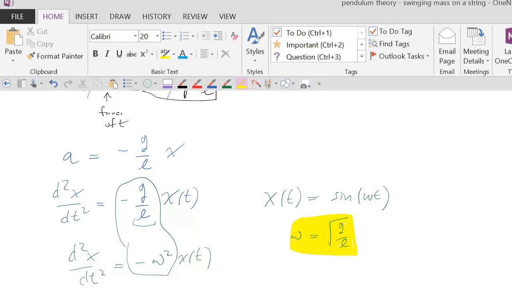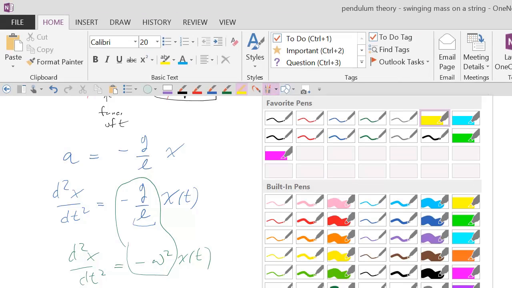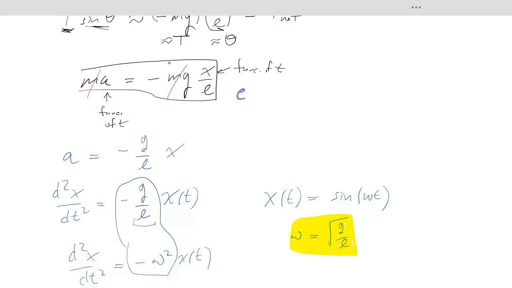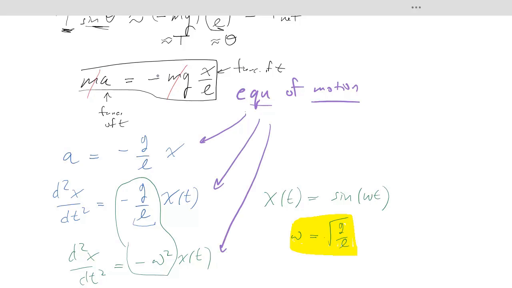So let me just label these pieces for us. This is, again, the equation of motion. And the same thing, that's also an equation of motion. This thing here, again, is a position function.